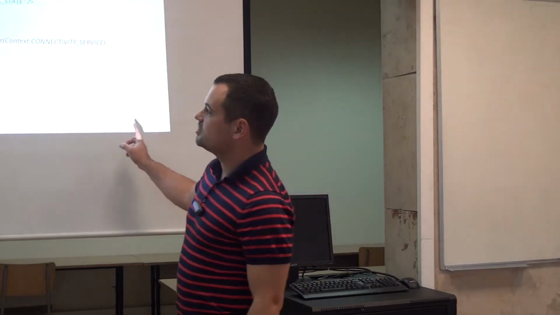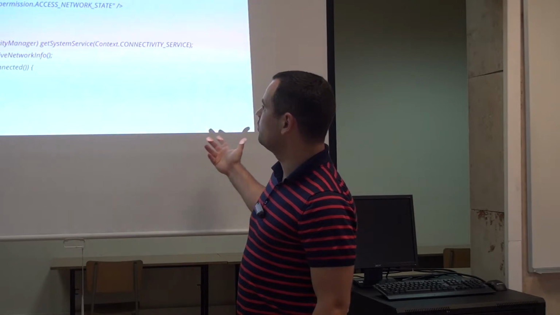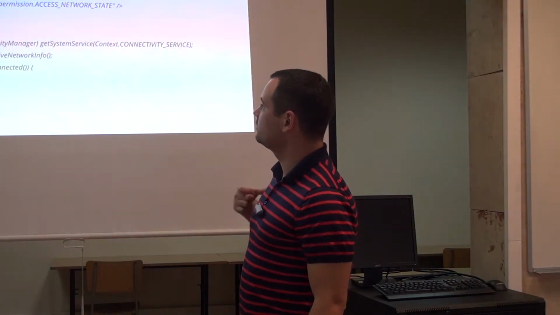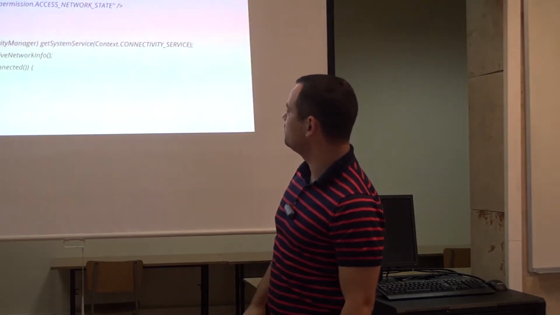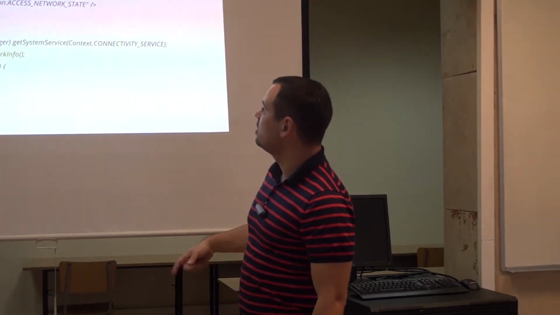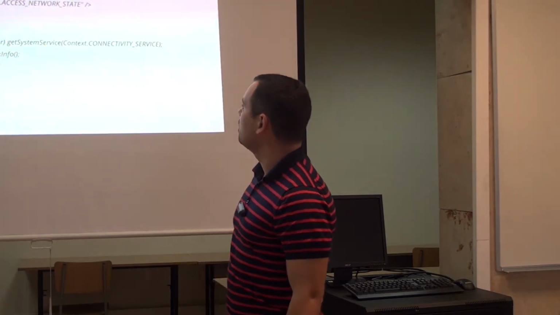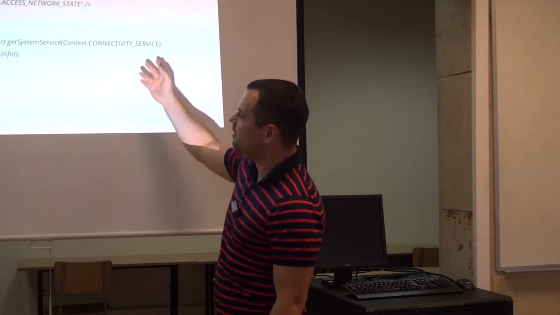So having this snippet of code, what is it actually line by line? The first line is getting the system service of the connectivity service. This is a very common structure on Android. In the context, you have the constants for every service you can use. This is just one of them.